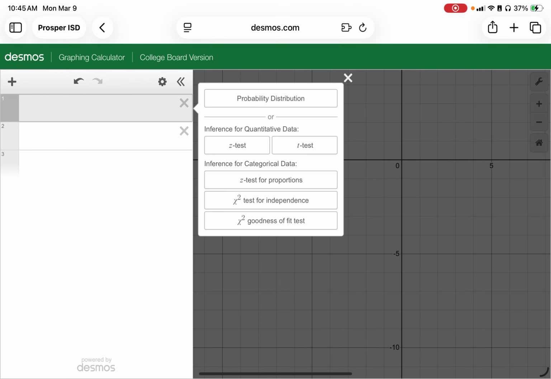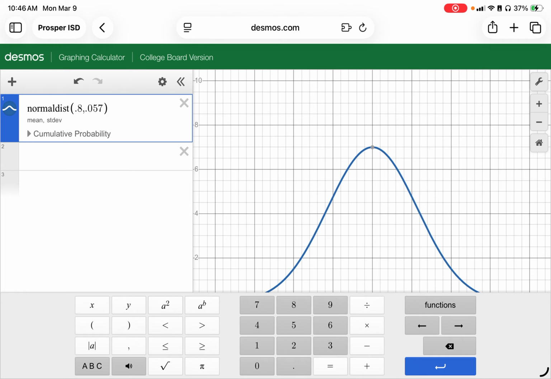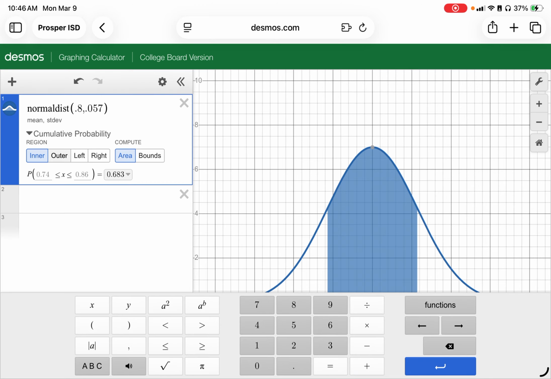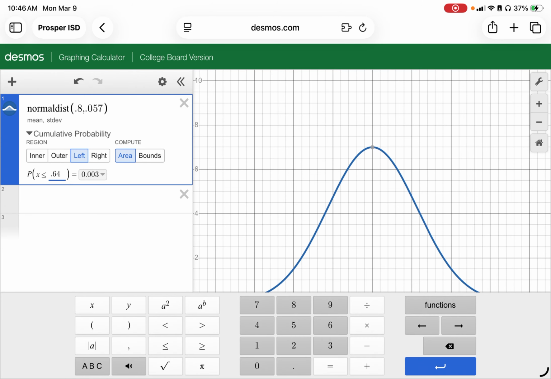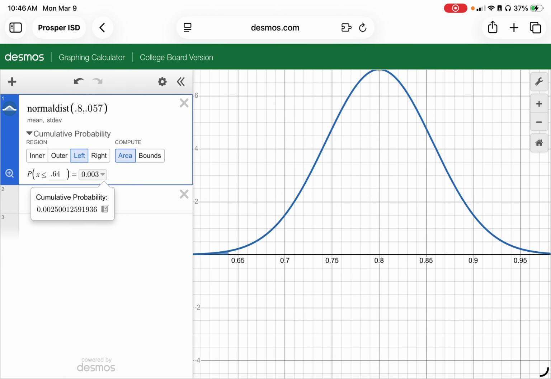So inference, probability distribution, normal with our mean of 0.8 and our standard deviation of 0.057. Okay. Cumulative probability, and we want to be to the left of 0.64. What you'll see, really small probability down here. And our probability 0.0025, we can round to 0.003.